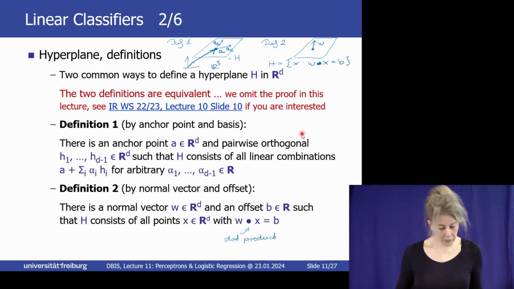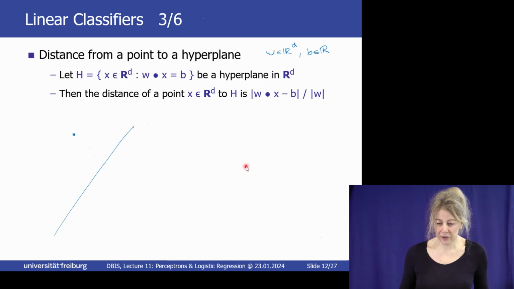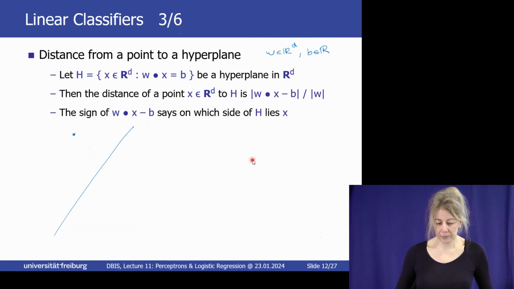So that's definition 2. And I didn't prove that that is the same as this. If I give you a vector and a number, this defines a hyperplane, namely all the x's which satisfy this condition. To really understand it, one would have to do the proof, but we now just take this definition.